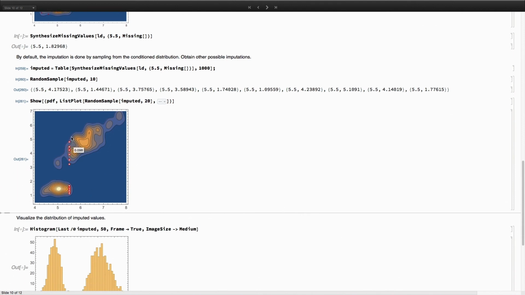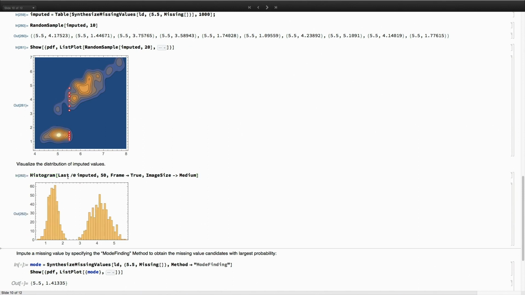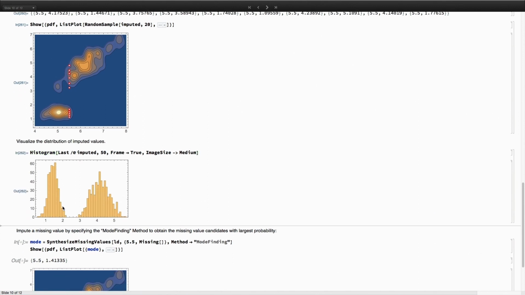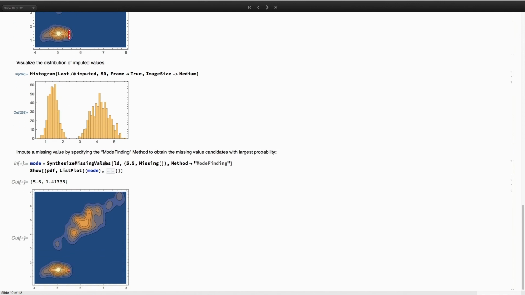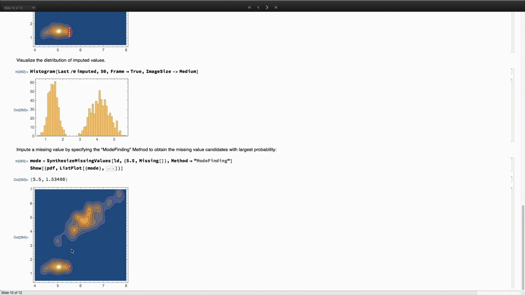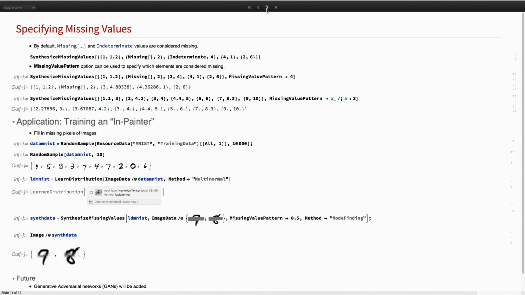You see that it goes around this mode, and sometimes it goes around that mode. You can look at the histogram of these, and you see it is following a two-modal distribution here. And if you ask for a mode, it would just give you the one which is closest to the mode of your distribution.